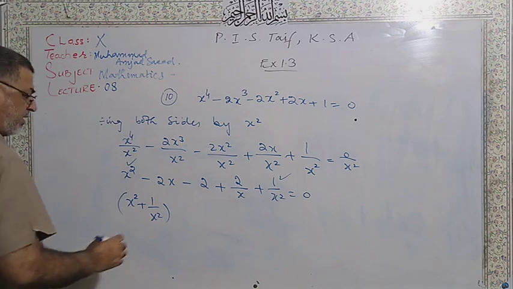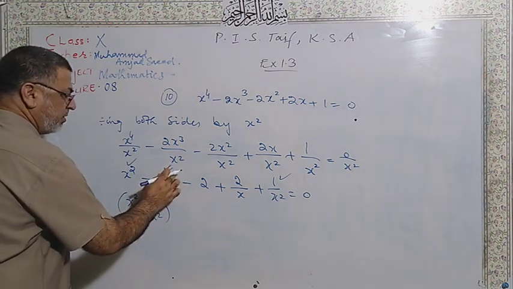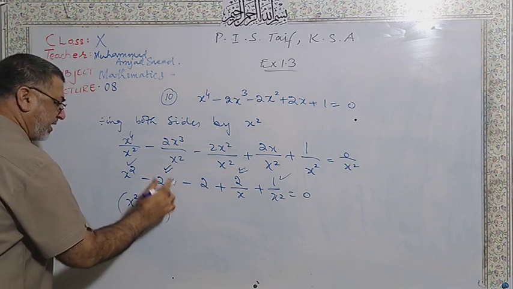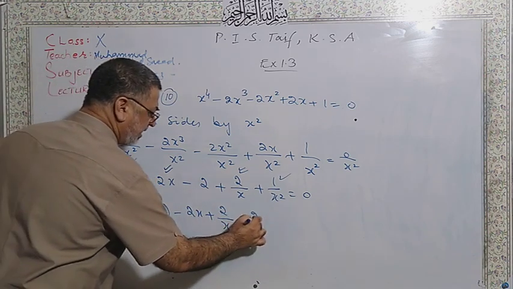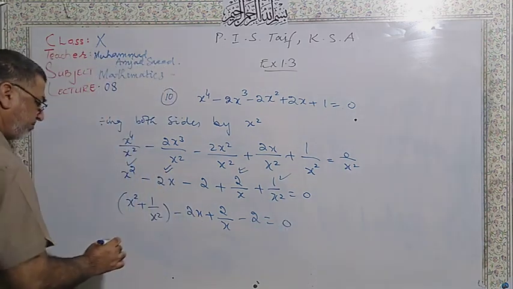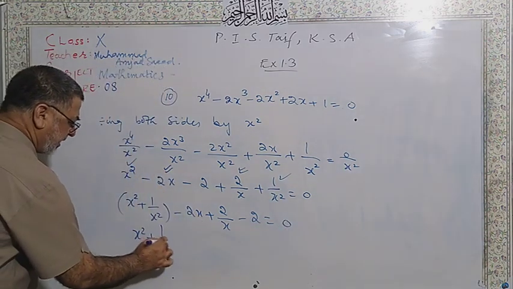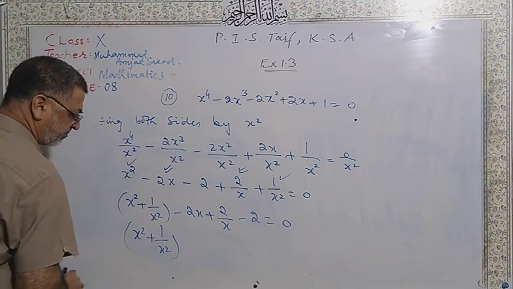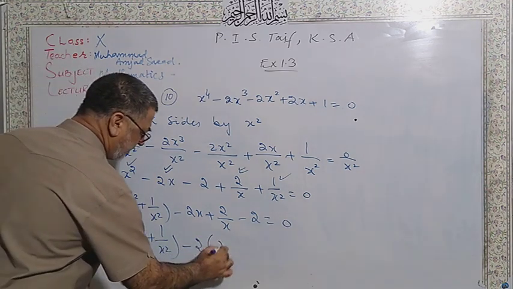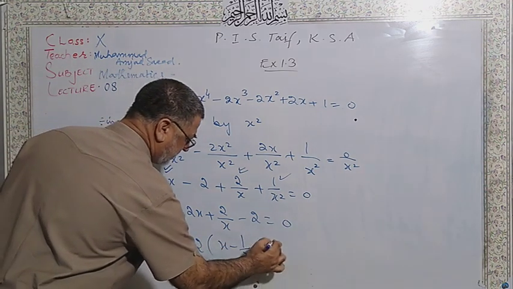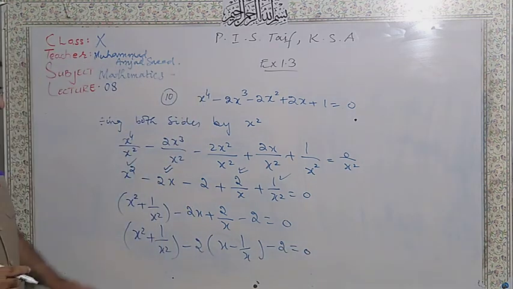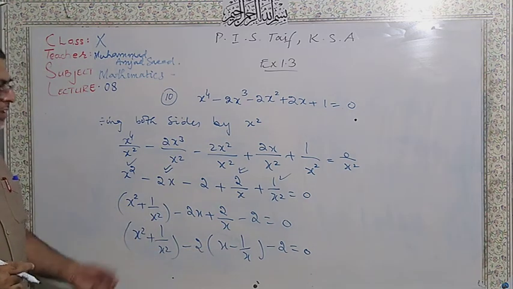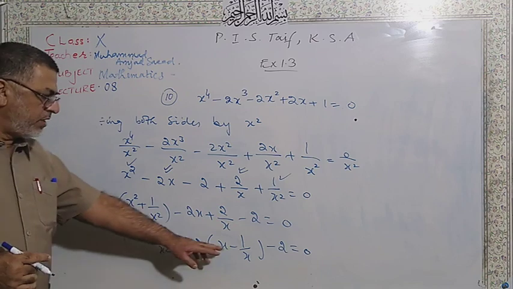After that, we will have number 2, second time we will write down this one, minus 2x plus 2 over x, and at the end minus 2 is equal to 0. Here x square plus 1 over x square minus 2 common, x minus 1 over x plus minus 2 is equal to 0.